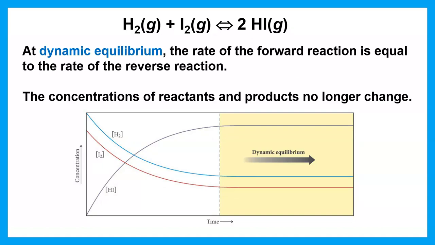It is really important to understand that the concentrations are not equal, but the speed of the reaction forward and backwards is equal. So if you look at this graph, we have way more hydrogen iodide up here than we do hydrogen or our iodine gas. One of the most common mistakes is for people to say the concentrations are equal, and that is not true.